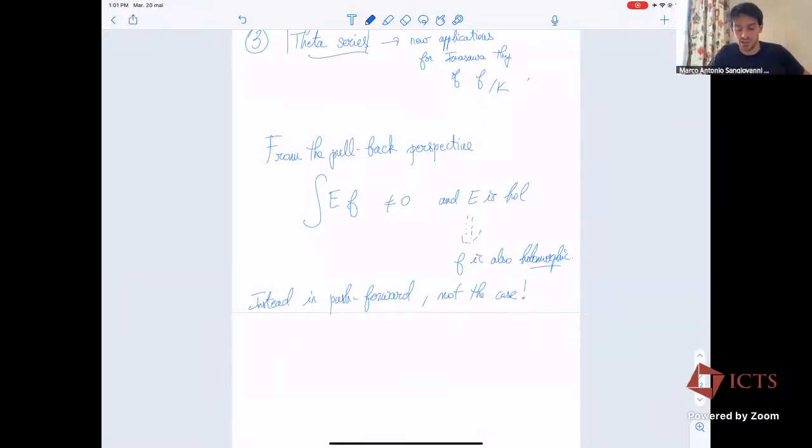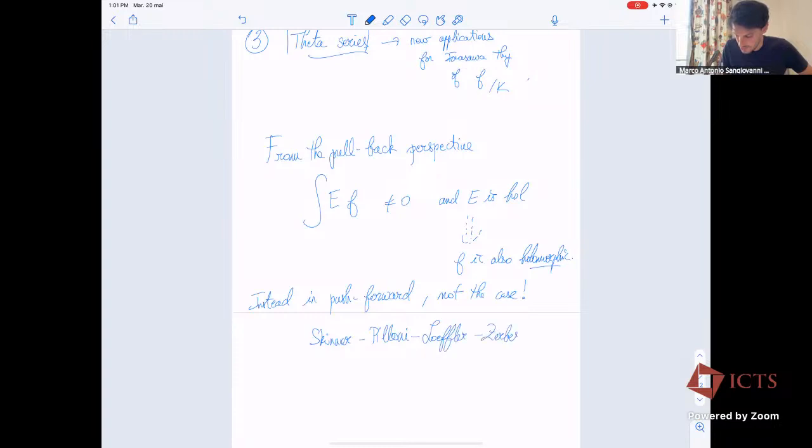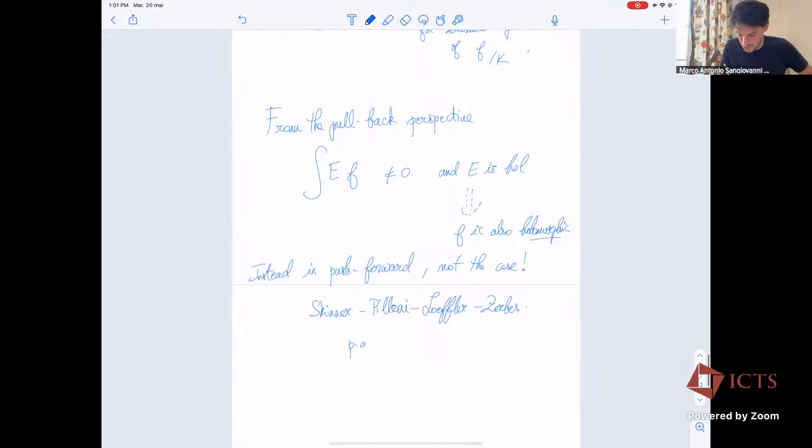For example, this is Skinner, Pilloni, and Loeffler-Zerbes, where they construct the p-adic L-function. This is the Duke paper from just before.